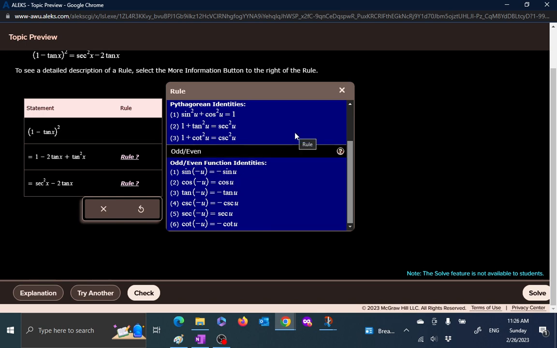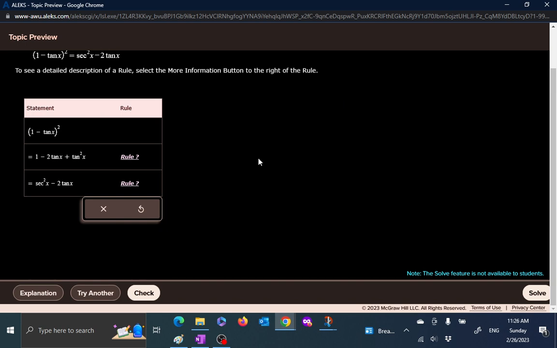So these are the rules that we have in front of us, and then we want to go ahead and check to see step by step which one of these things are applied. So for example, here 1 minus tangent of x quantity squared, it says it's equal to this expression.